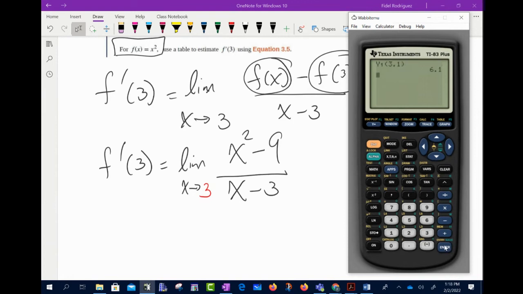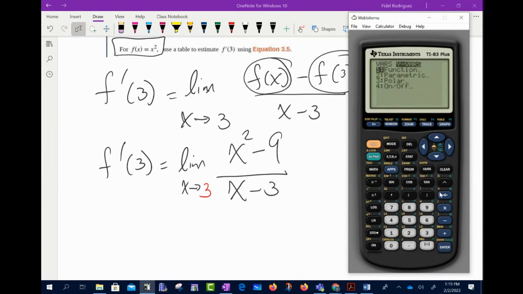Look at the slope that I'm coming up with, 6.1, right? Then we said, let's try the same thing here and do 3.01, 6.01, right? We can keep playing that game. Let's do this one more time at 3.001. We can see that we're getting values that are really close to 6.